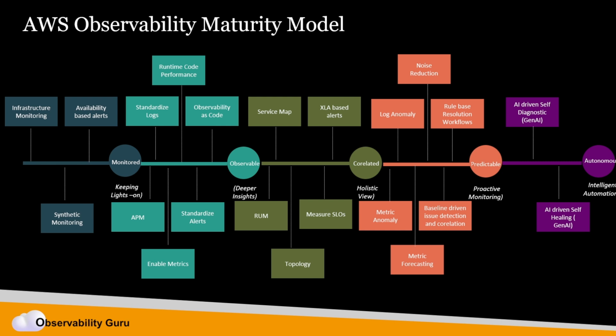So in a nutshell, this is the AWS Observability Maturity Model, and I truly believe this allows anyone to understand where they are as part of this model and then go through this journey. It will help you improve observability in your system, and that naturally will result in increased high availability and reliability of your application.